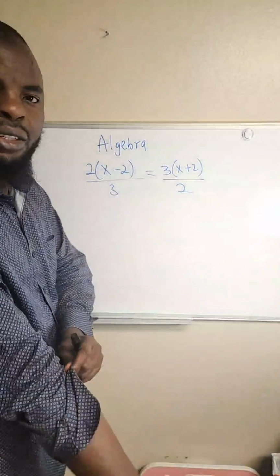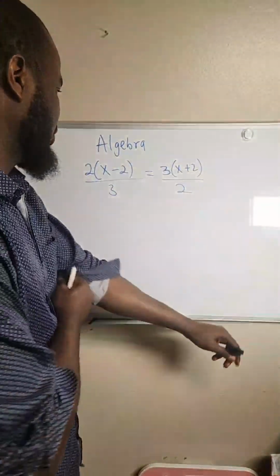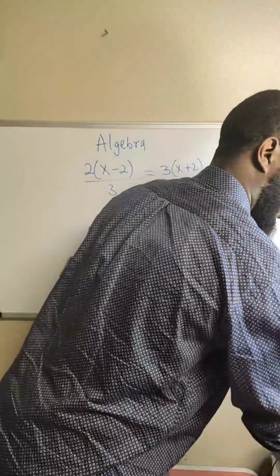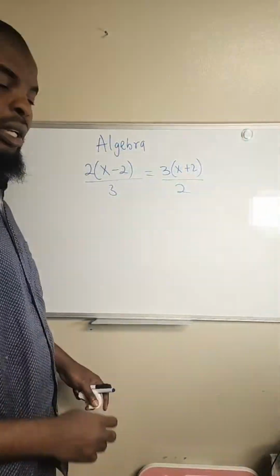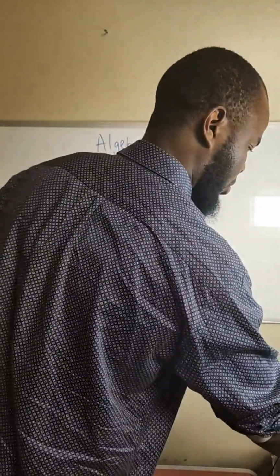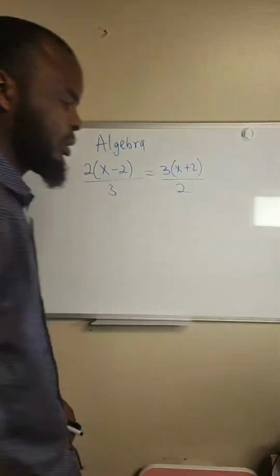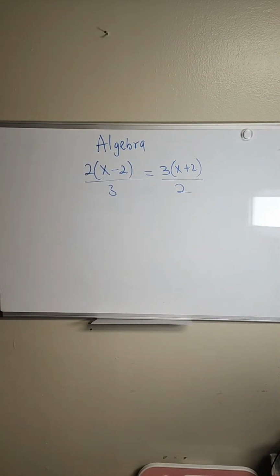Now if you have this kind of problem, the first thing you do is to what? I want you to be engaged with what I'm going to do. Who can tell me the first step to do here? I'm going to be reading your chat box.